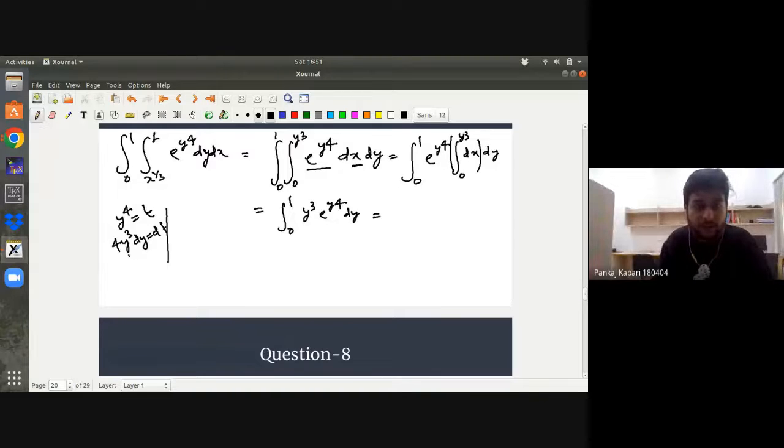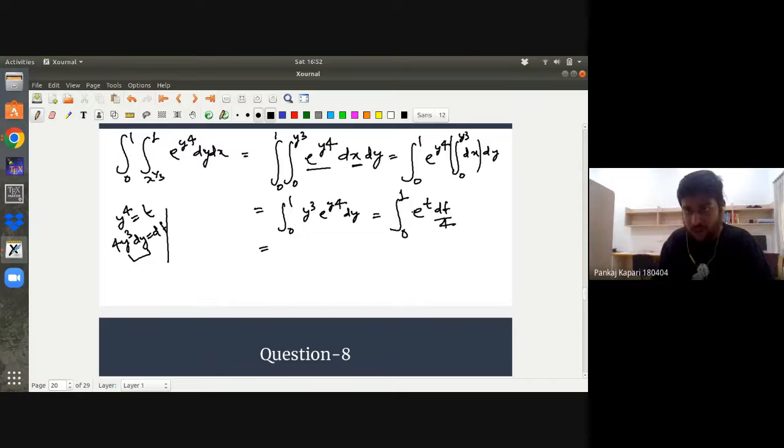So you can replace this by dt by 4, so this will become e to the power t dt by 4. Now the limit of integration will be from 0 to 1 only. Why? Because when y is 0, t is 0, when y is 1, t is also 1.